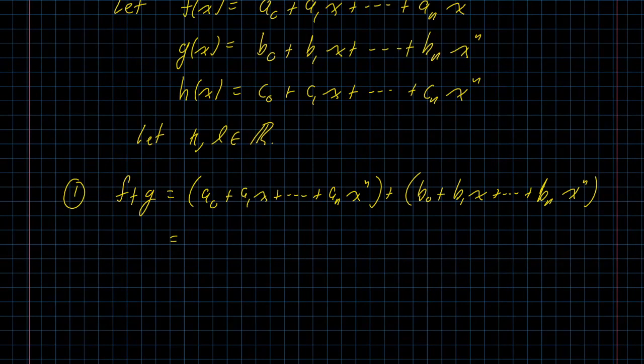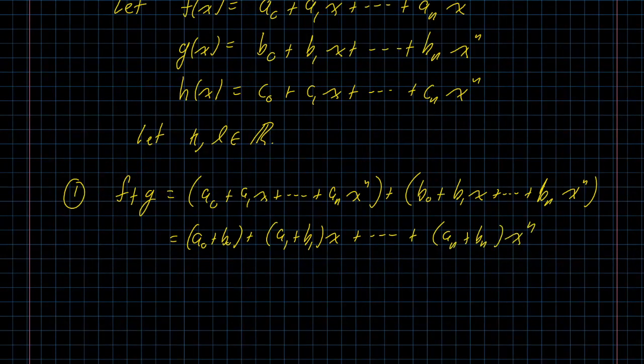And we know that we can rearrange this. We can use the commutative and associative properties of the real numbers. And since the real numbers are closed on addition, a naught plus b naught is a real number, a1 plus b1 is a real number, an plus bn is a real number.